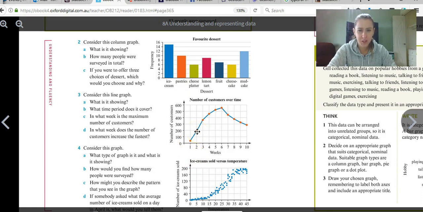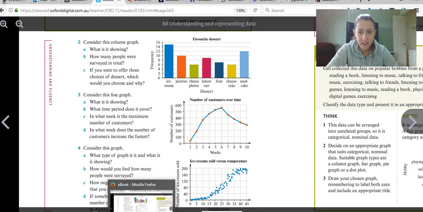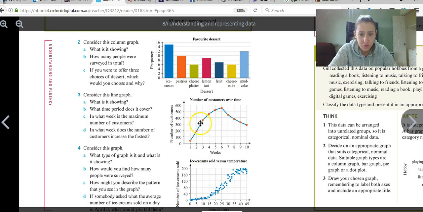From here we've gone from 200 to just 350. So I would say it's between week 1 and week 2 that we had the greatest growth, or perhaps week 2 to 3. It's a bit hard to see on my computer, unfortunately, but that's how we're going to calculate it: which part of the line is the steepest.